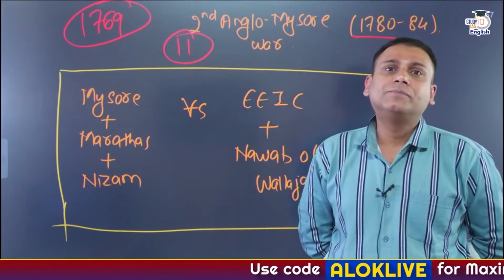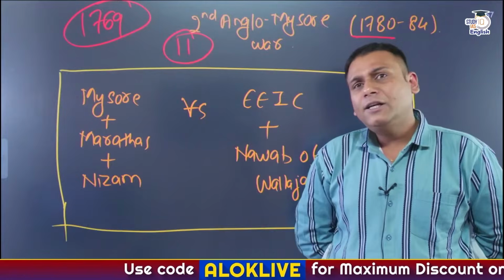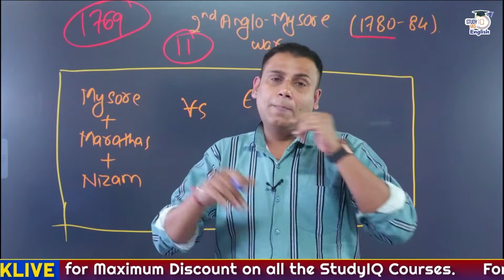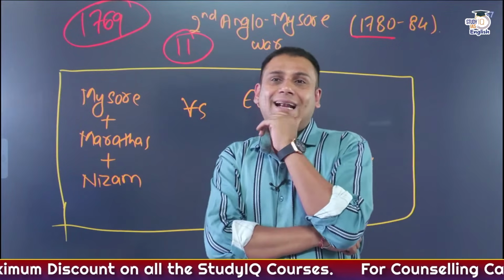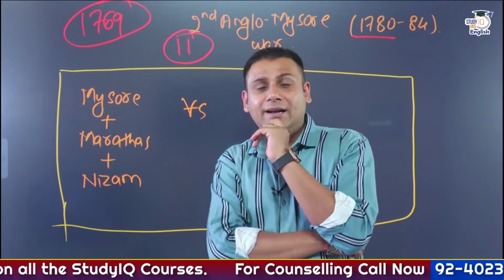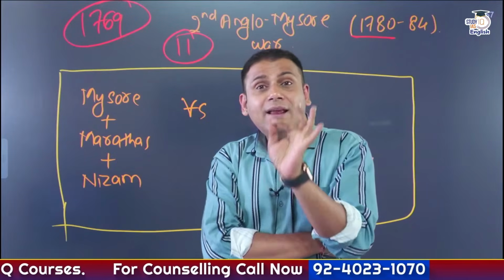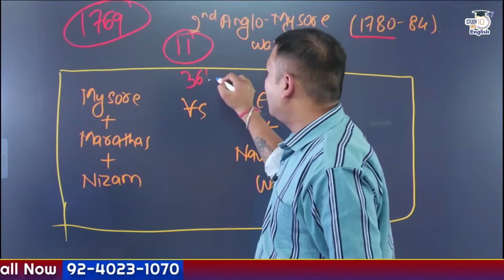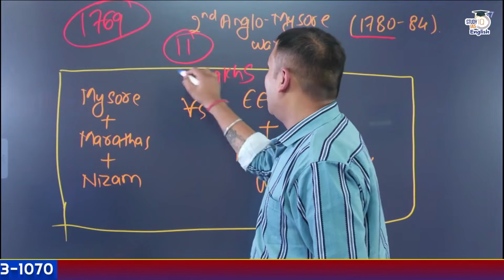Now help us. At this particular point of time, the English East India Company denied. Marathas had raided this region. Finally, it is said that 36 lakh rupees was paid to the Marathas by Hyder Ali to buy peace.